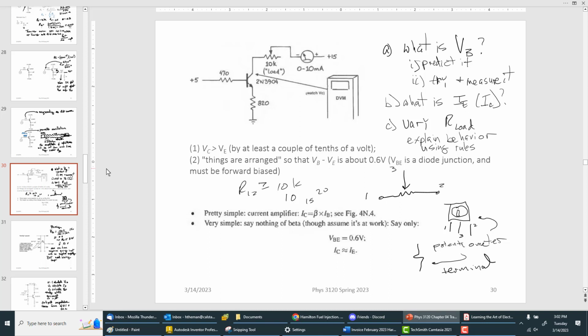And remember, little screwdrivers are floating around. There's some on the table. I'm sure there's some floating around the room.